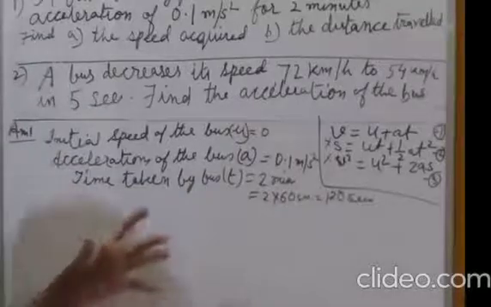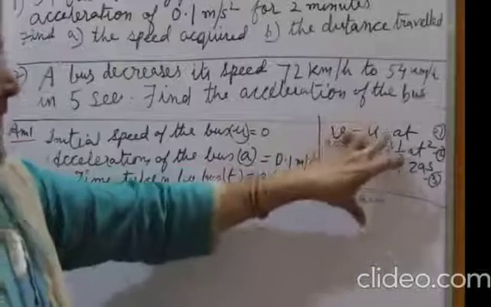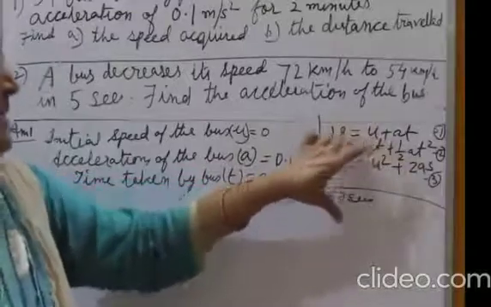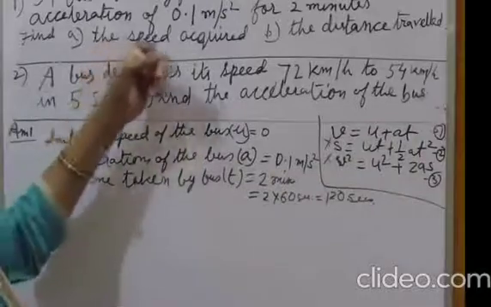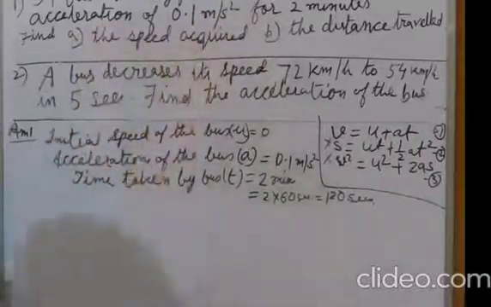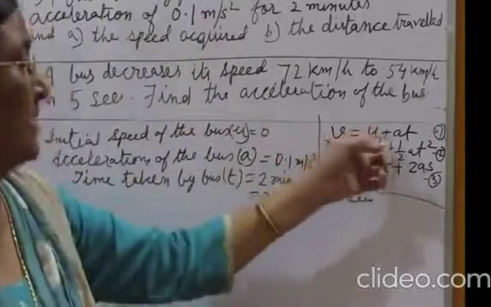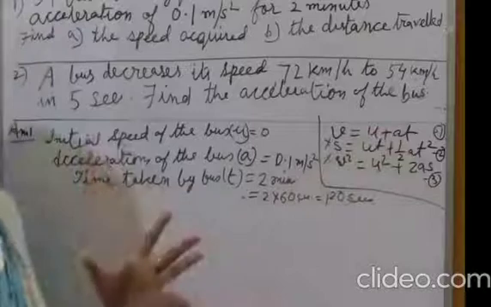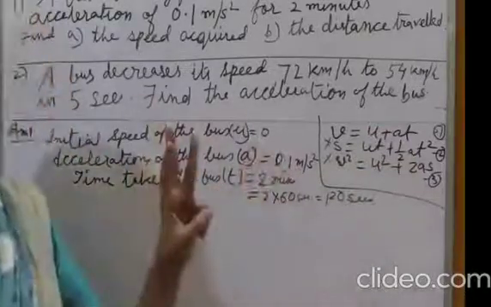Now see, first we have to find the speed of the bus. So what equation will I use? I use v equals u plus at. That is very important. You have to select, because you have 3 equations.